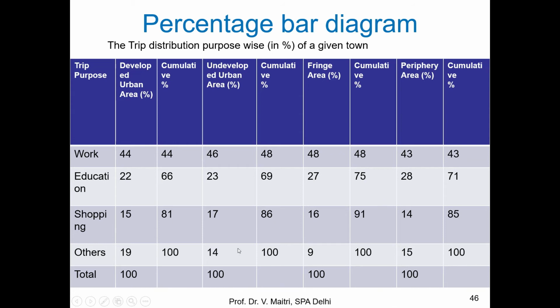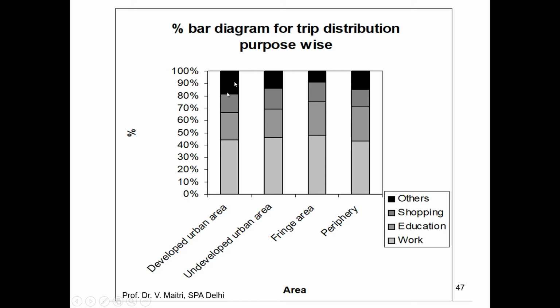Now this cumulative value we will draw. Just see the percentage bar diagram. So percentages we are drawing it. And previously in the component bar diagram, we were taking the absolute values, and here we are taking percentages. So here very easily we can see which percentage is moving how.